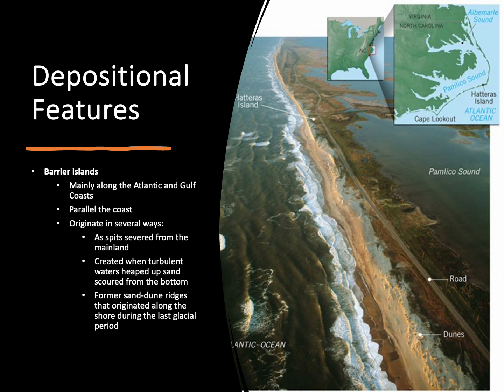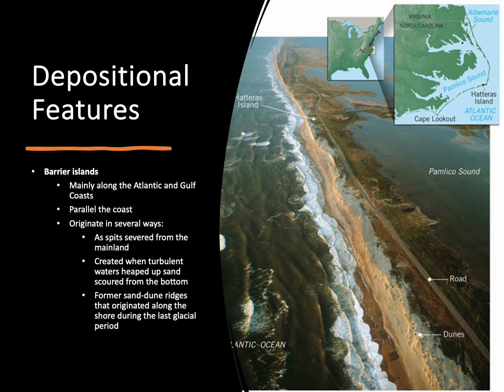But these barrier islands are going to form in 3 different ways. The first is that it was a spit that was broken up into several pieces and cut off from the mainland. The second is when we had really turbulent waters, like during a hurricane, that would scoop up sand from the bottom of the ocean and push it closer to the coastline, leaving this long ridge of sand behind.